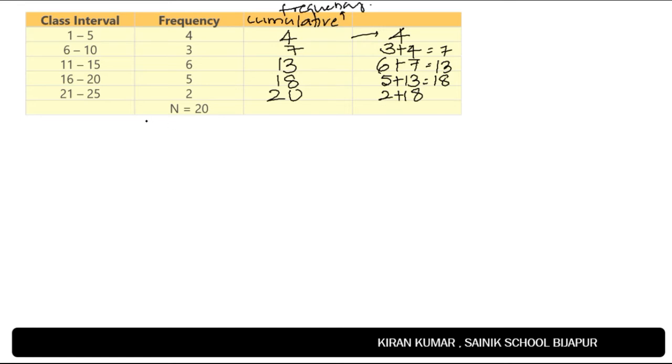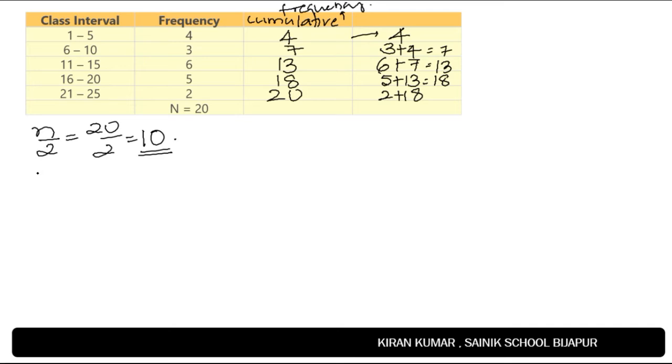With this, now, to find the median, let me find n by 2. Here n by 2 is 20 upon 2, which is 10. 10 is the value of n by 2. Now we need to identify the median class.